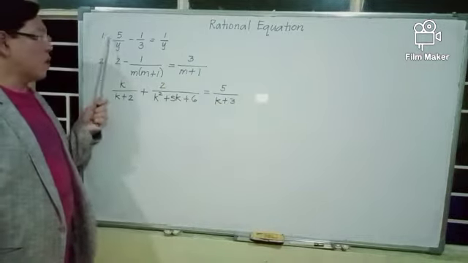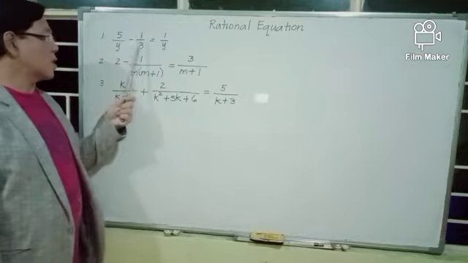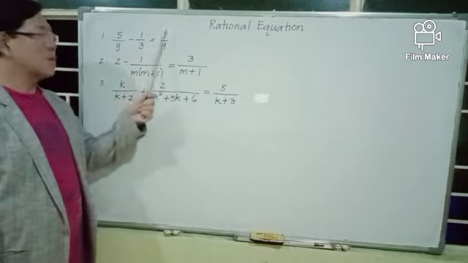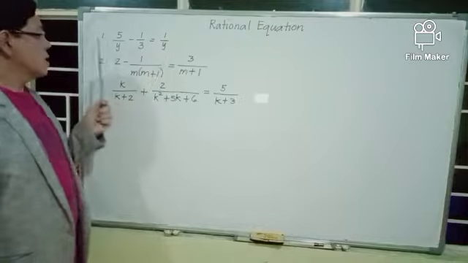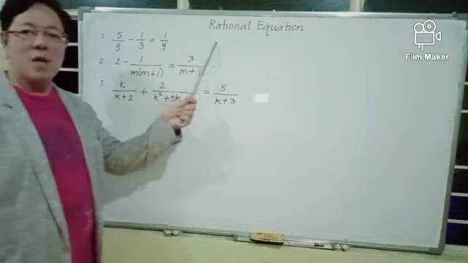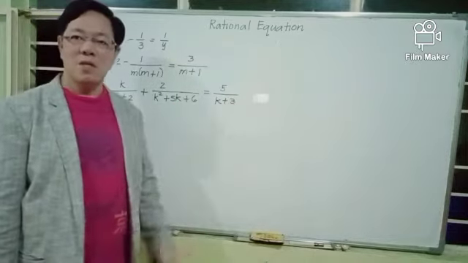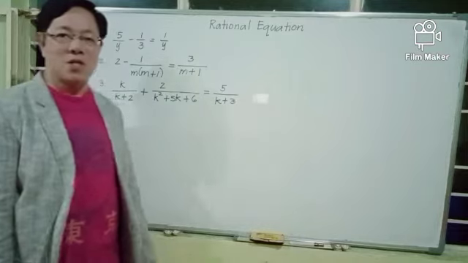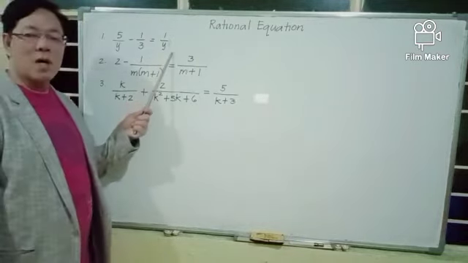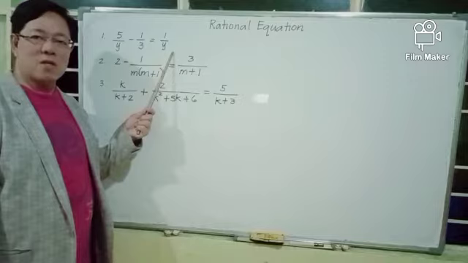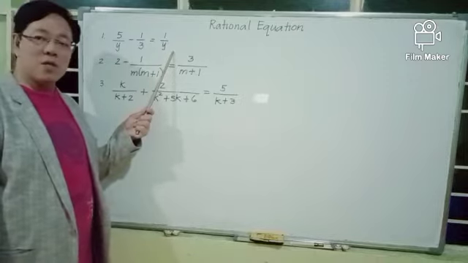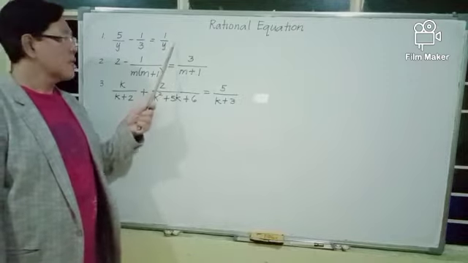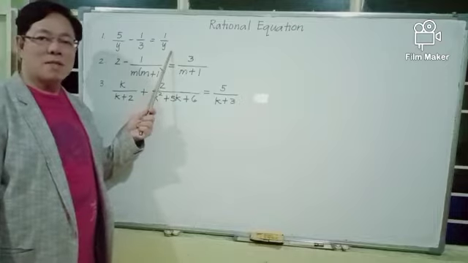Number 1, 5 over y minus 1 over 3 equals 1 over y. This equation is a rational equation because it contains rational expressions. 1 over y is a rational expression because it is the ratio of a constant 1 and a monomial y.